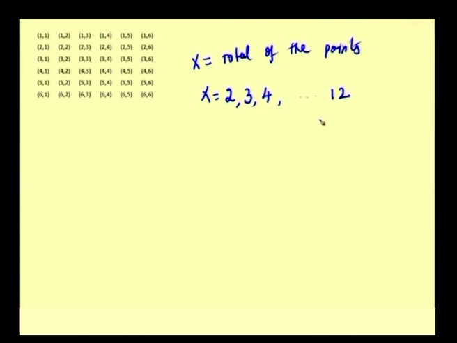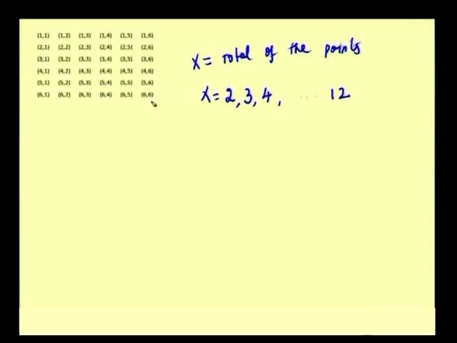So, how to find out the probability mass function and the corresponding probability chart, we will see now. As discussed, there are total 36 exhaustive events. Corresponding to x equal to 2, let us see how this x equal to 2 is arrived.